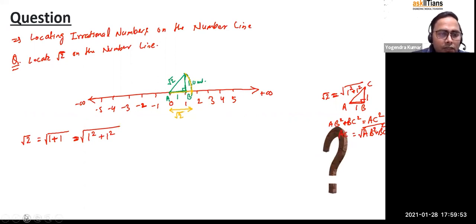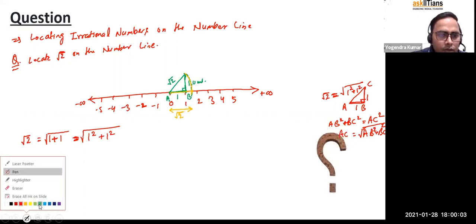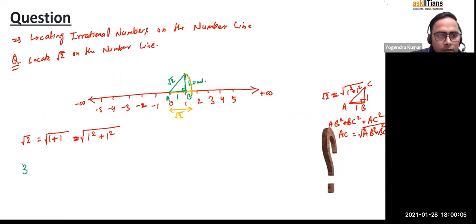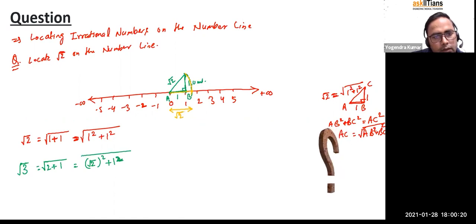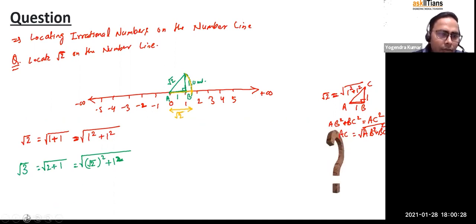Now if someone says, I want to do it not for root 2, but for root 3, let's say, how will we do that? Root 3 can be written as root 2 square plus 1 square. So now I'll take the help of this root 2 here, and I can extend further from this.